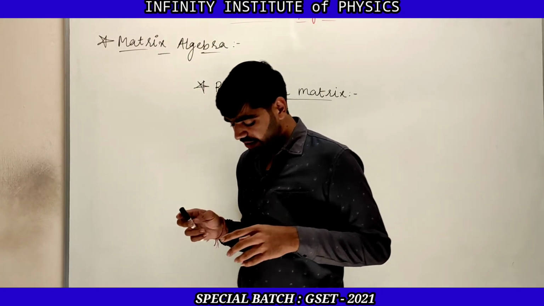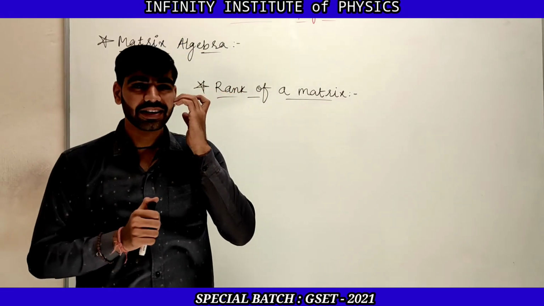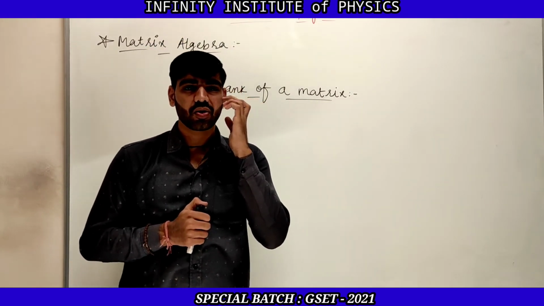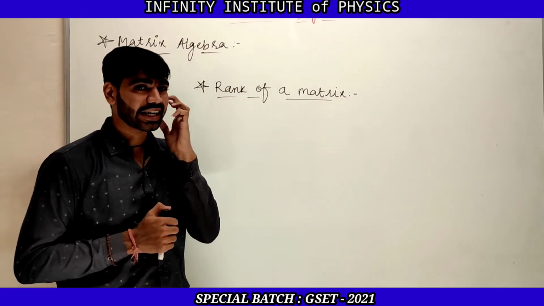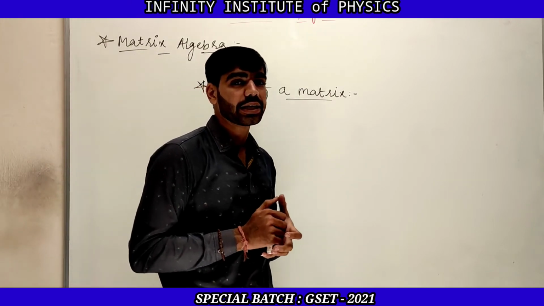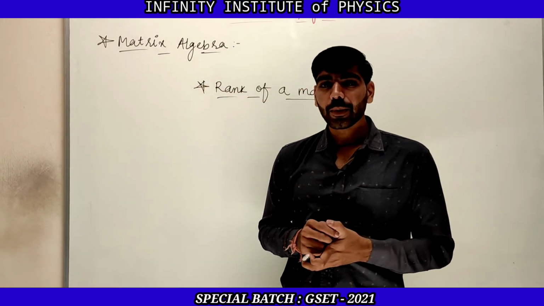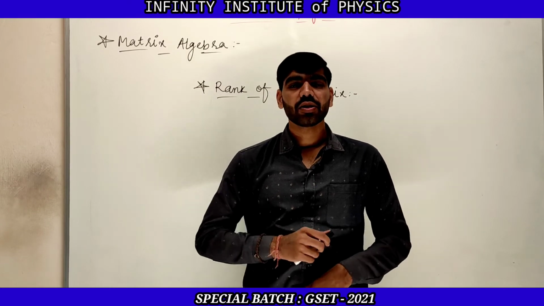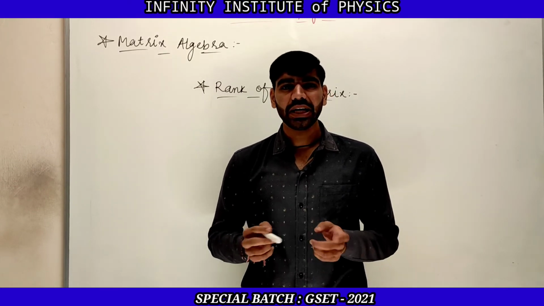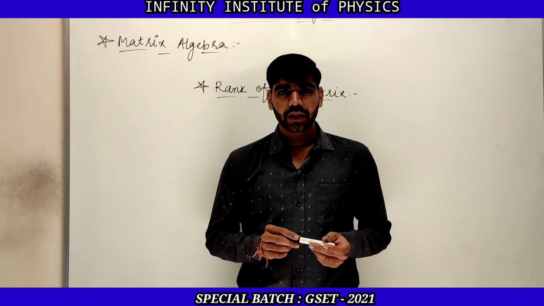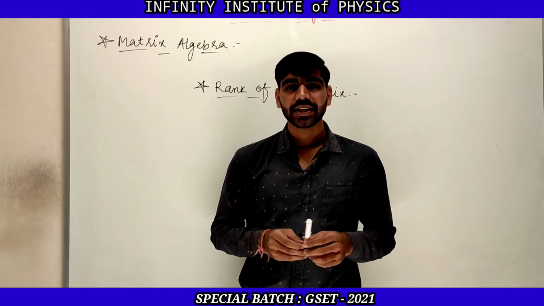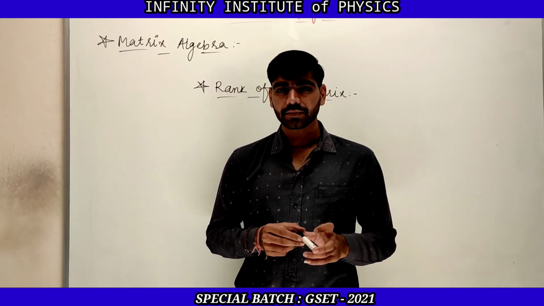For the given matrix, how many rows or how many columns are linearly independent. That means how many rows and how many columns are not dependent on each other. That is what we mean by rank of matrix.